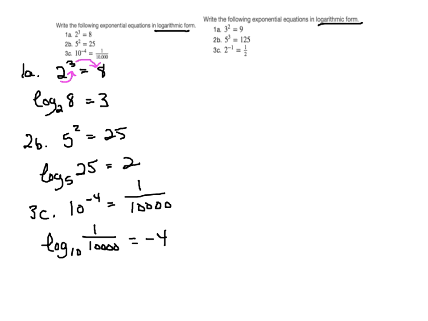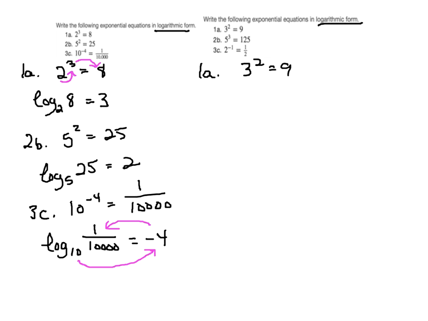So negative 4. So that says, just to remind you, that says 10 raised to the negative 4th power is 1 over 10,000 there. All right, same thing, just a couple more practice problems here.